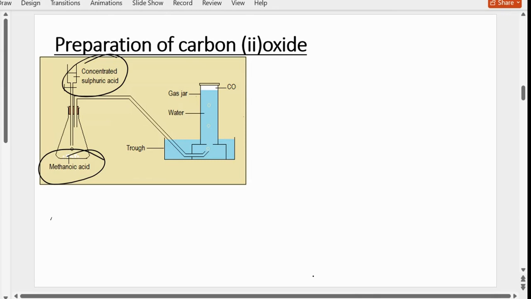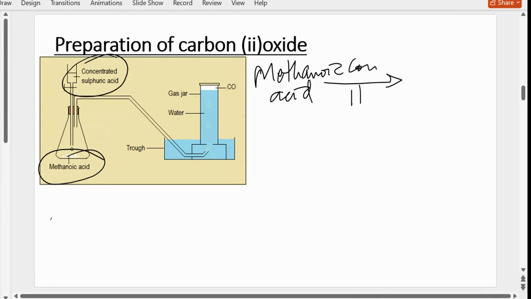The equation is, we have methanoic acid dehydrating using concentrated sulfuric acid, and what we get is CO plus water.